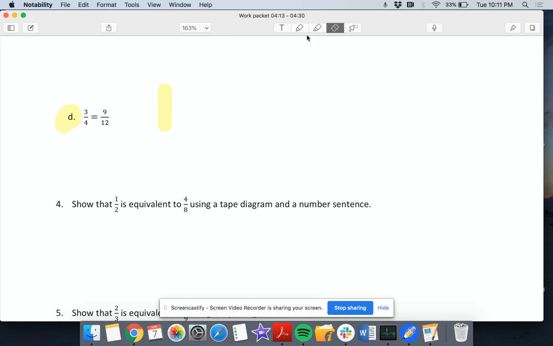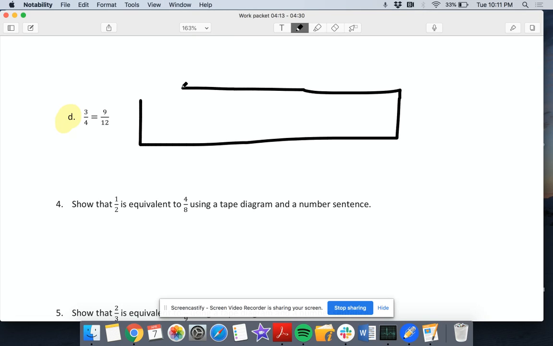So I'm going to go ahead and draw my tape diagram to begin. This handy dandy tape diagram. And the first thing I'm going to do is try to represent this 3/4. I know from looking at my denominator that I need to divide into 4 equal boxes. Okay, let's do that. 1, 2, 3, 4.